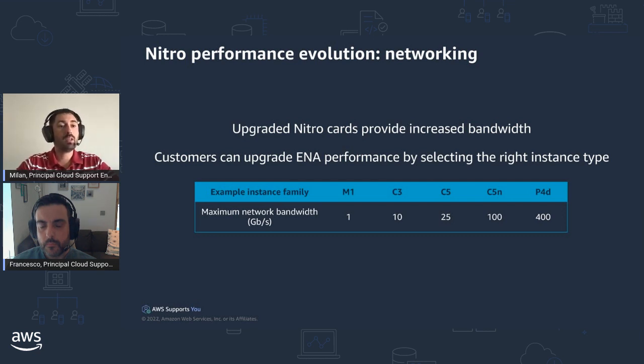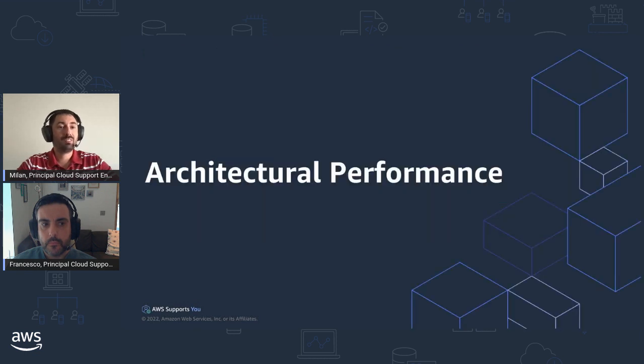So it was a 10x increase. But recently we have announced P4DN, one of our latest instances for machine learning, and it can drive up to 400 gigabits per second. And it's not where we're stopping. There are some other instances in preview mode, such as TRN1, which can drive even higher, 800 gigabits per second.